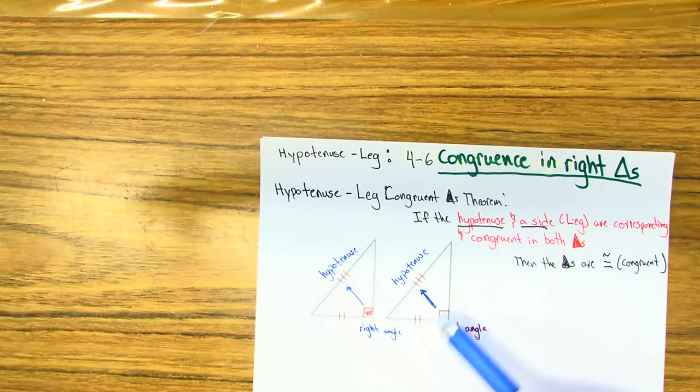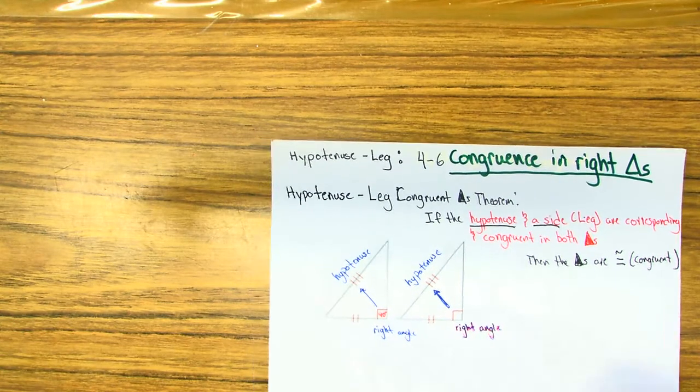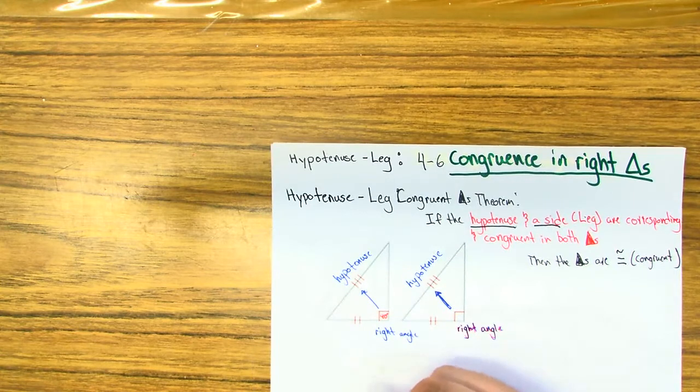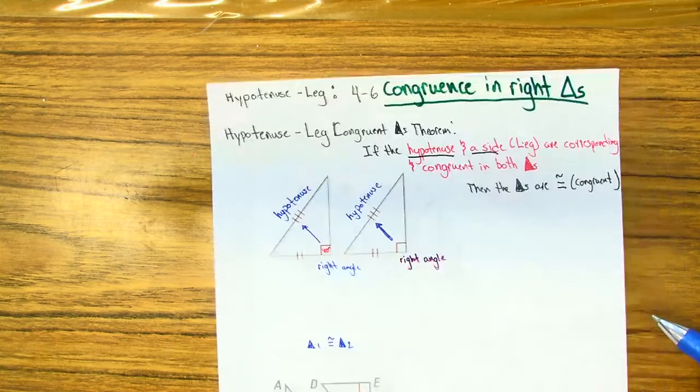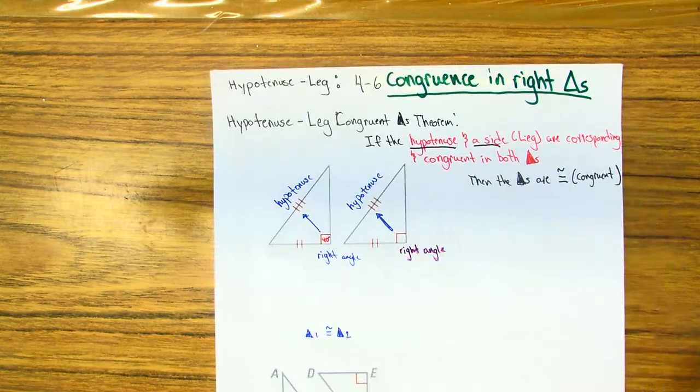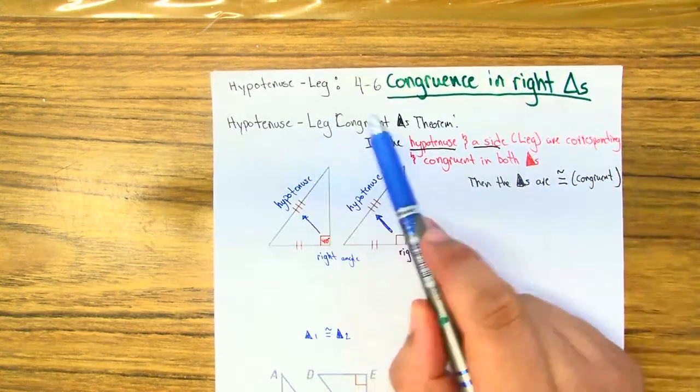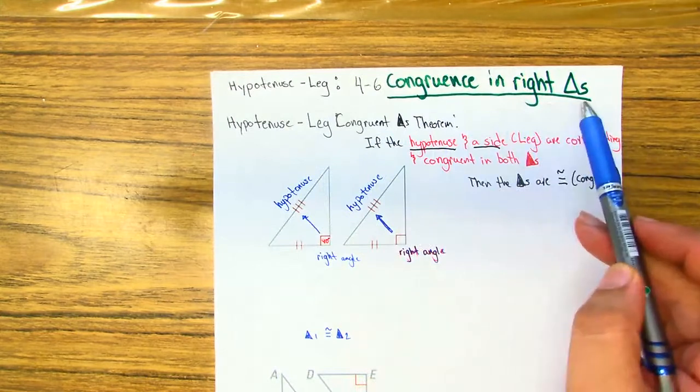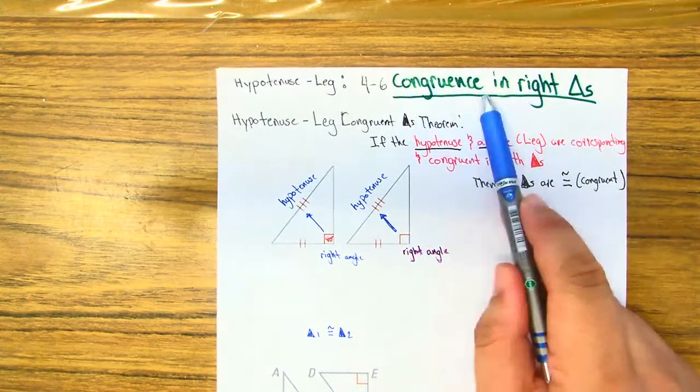What else? Okay, here we're trying to prove how triangle 1 is congruent to triangle 2. I know it's already cluttered with facts here. Our theorem is the hypotenuse-leg congruent triangle theorem, and our lesson is about congruence in right triangles.